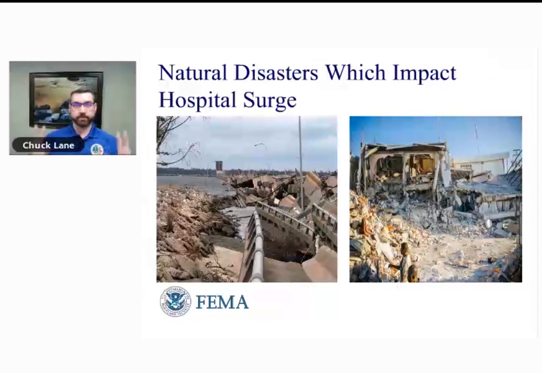And even though these are extremes of our natural disasters, the lessons we learned, along with examples provided by healthcare providers and emergency response personnel, have given us a lot of valuable data for how we plan at hospitals and how we expect things to occur and flow during a mass casualty incident.